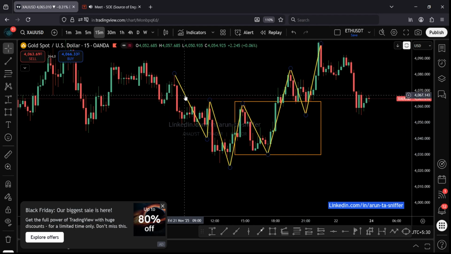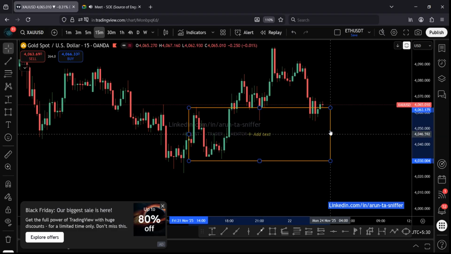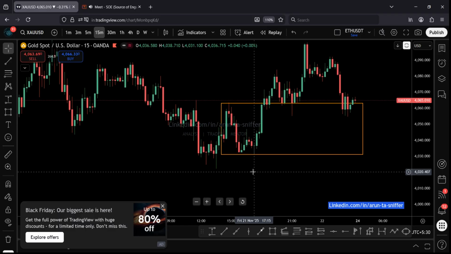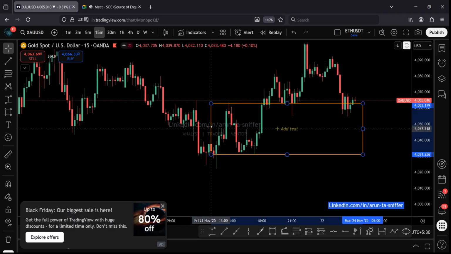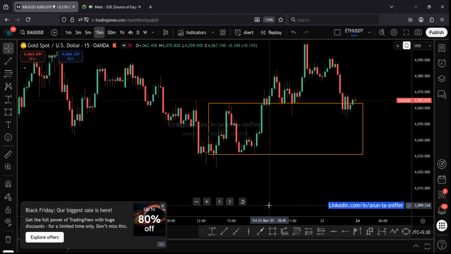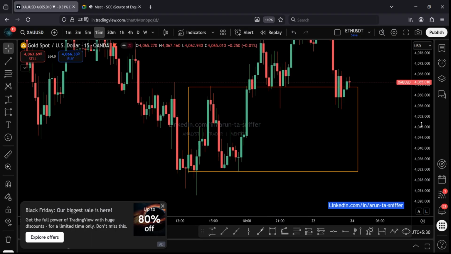Okay, in this zone, if we look at here, okay, how will we find the MPL? Okay.